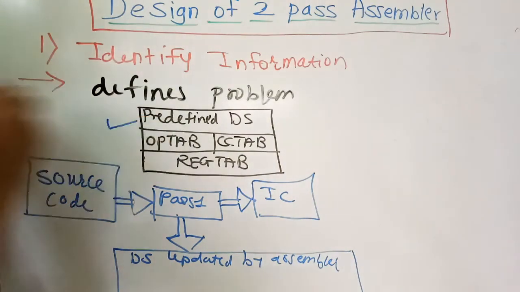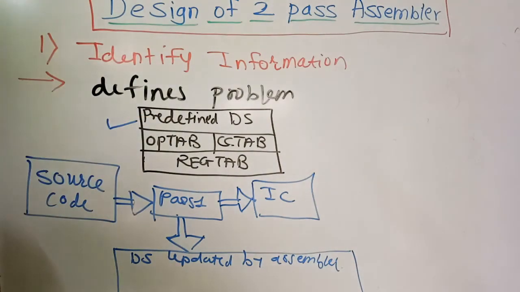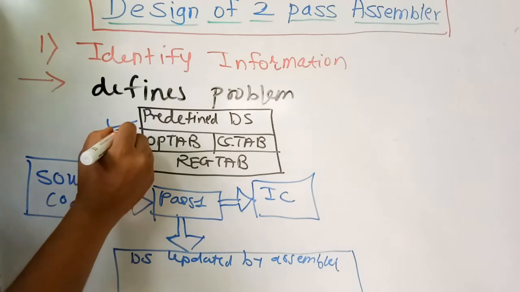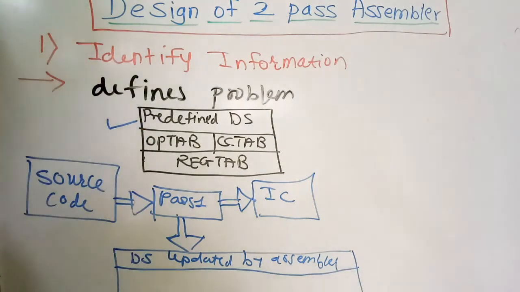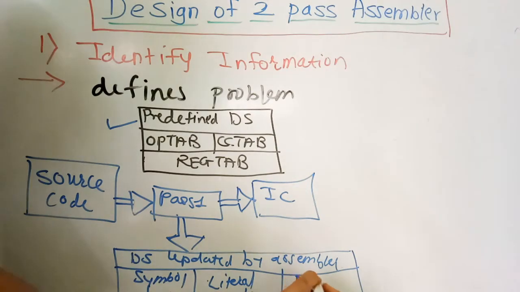These are the predefined data structures, meaning they are listed in the system previously. But these are the data structures that the assembler updates during the translation process: the symbol table, then the literal table, and the next one is nothing but the pool table.